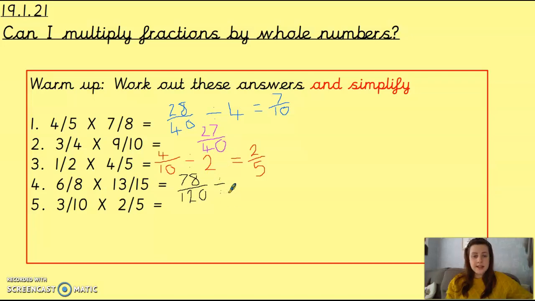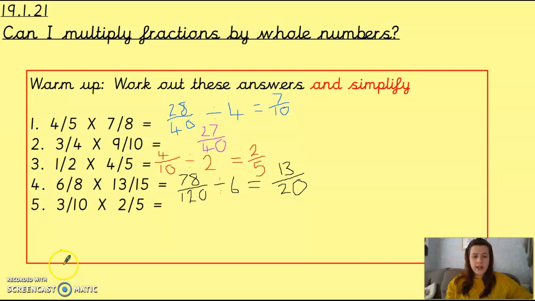And the smallest number that is in both factor bugs is a 6. So then we'd have to do another sum, because we'd have to do 78 divided by 6, which would give us 13. And we'd have to do 120 divided by 6, which would give us 20. So a simplified answer to that one would be 13 20ths.